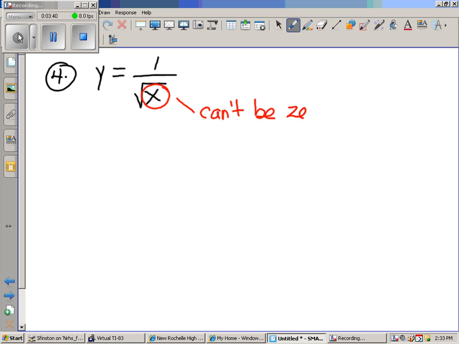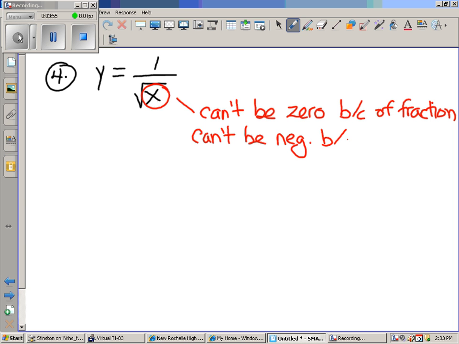Can't be 0 because of the fraction, right? Can't be negative because of the square root. And so therefore x has to be greater than 0. Whoops, that looks like a 6. And so that's the domain.